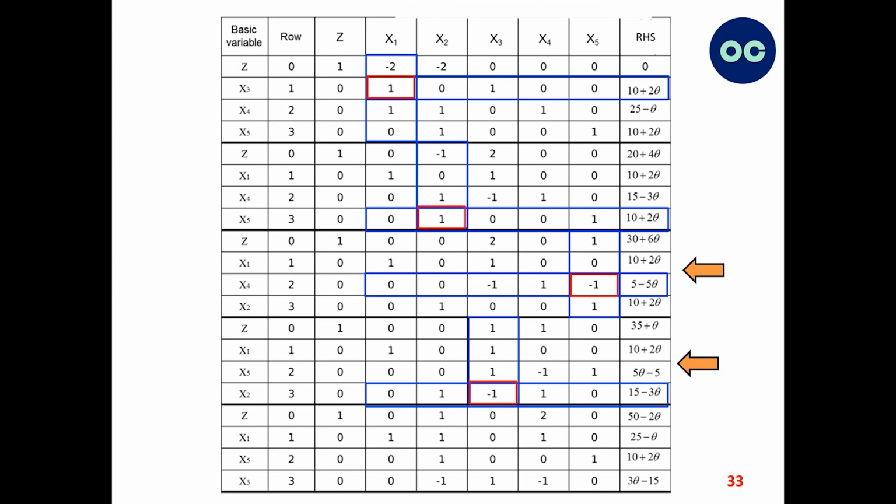In the next optimal solution table, for theta greater than 5, the optimality condition and feasibility will remain unchanged. The corresponding simplex table is provided for theta greater than 5 and less than 25, as we discussed in the example.